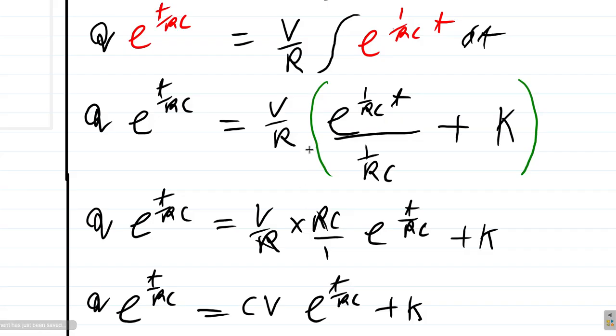So you multiply the V by the RC, as we saw earlier, times e to the 1 over RC. But you must multiply this too. The V over R must multiply the K. Right? Mistakenly left that out. The V over R multiplies K.